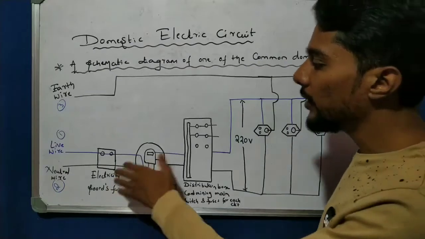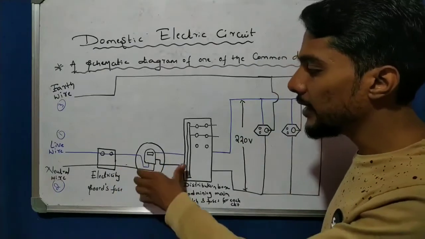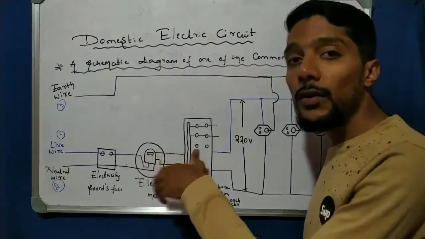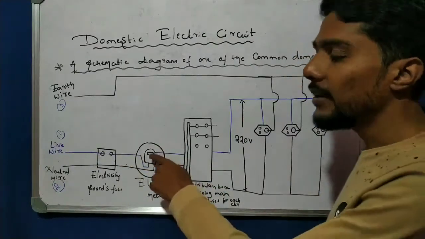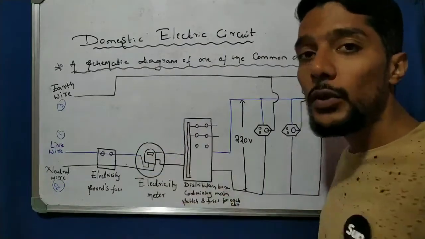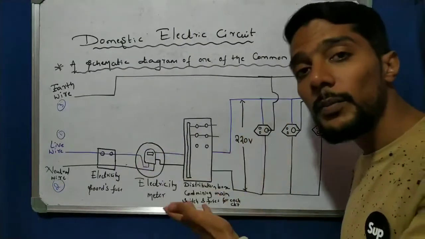After that there is the electricity meter, with which we calculate our electrical bill. Using the readings we calculate the power we use, and as per that we pay the bill.